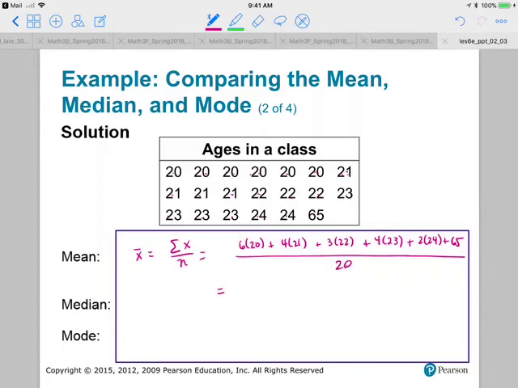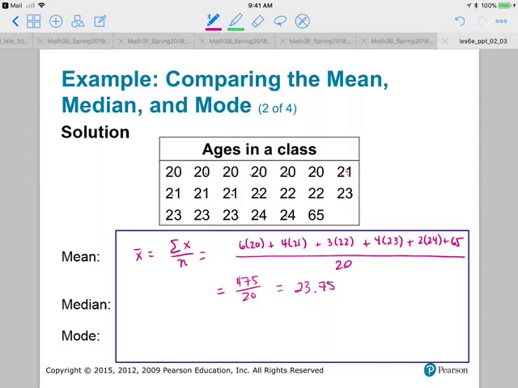What is that when we add that up? So it'll be 120 plus 84 plus 66 plus 92 plus 48 plus 65. 475 divided by 20 is 23.75.